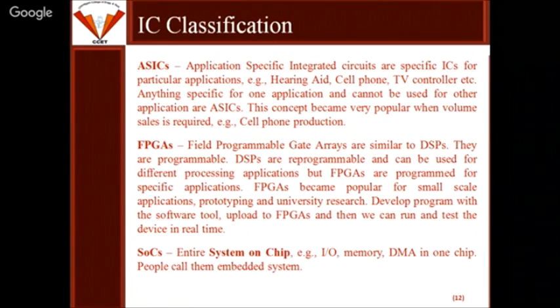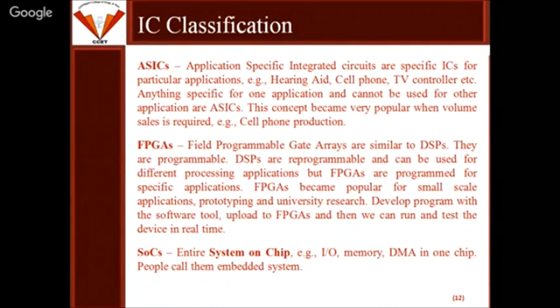In general, FPGAs are used in academia, where we construct the device in some front-end tool, then transport that netlist to the FPGA, and then find out how this circuit or device is going to work in real-time application. So FPGA became popular for small scale applications, prototyping, and university research.